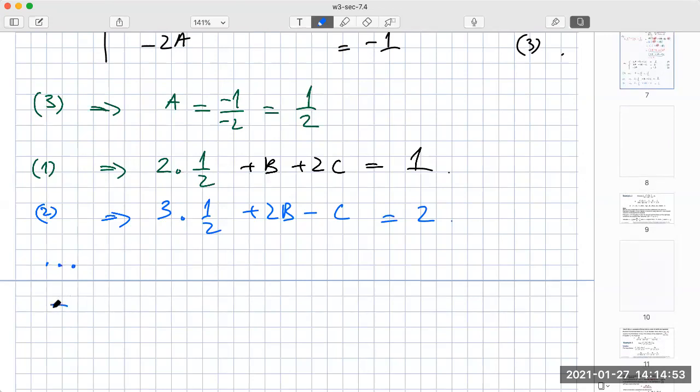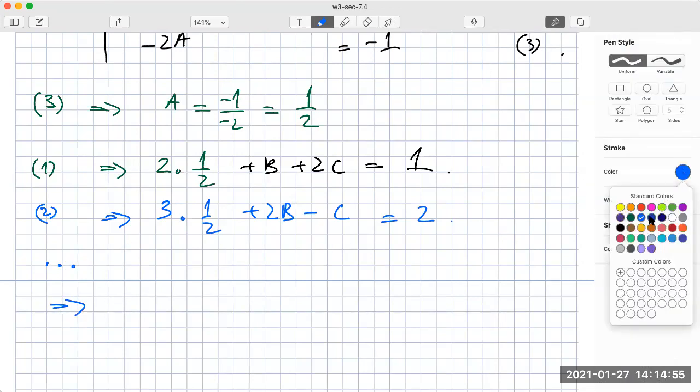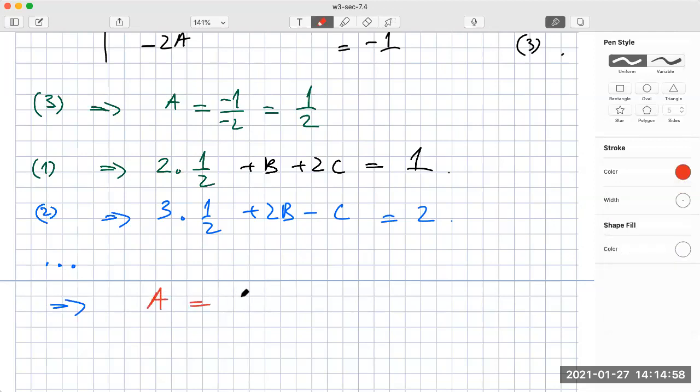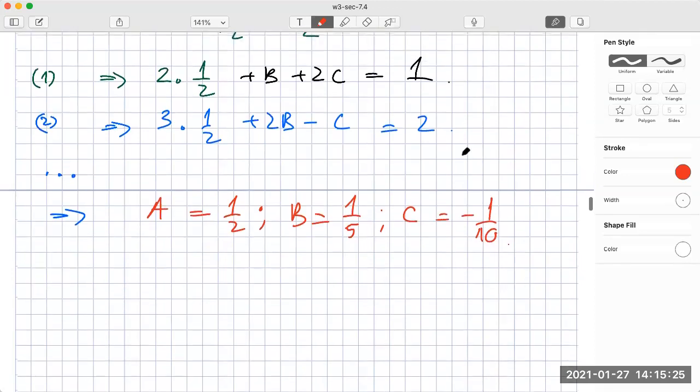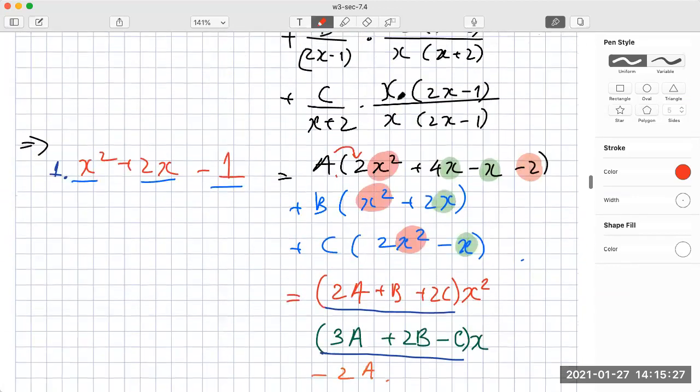Do some more computation. We know that a is 1/2, b is, let me see, b is 1/5. c is negative 1/10. Okay, we know a, b, and c. Let me go back here.